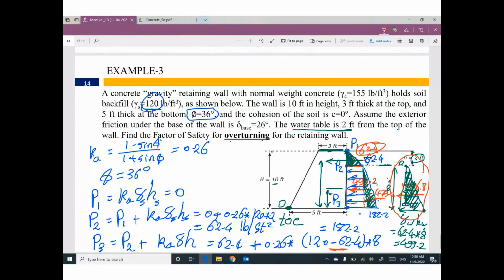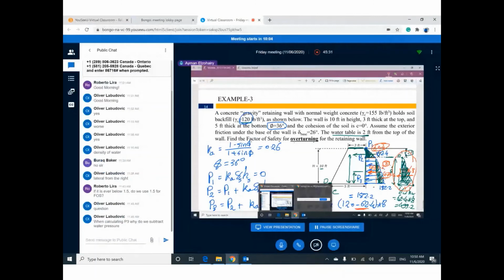You already calculated the effect of water alone. So please don't take it one more time with soil. Because gamma of soil underwater is taking the two effects, soil and water, both of them in this gamma. So I need to subtract 62.4. Okay.